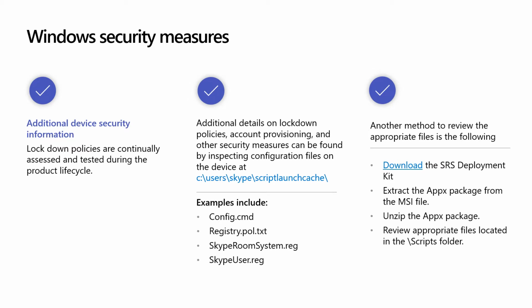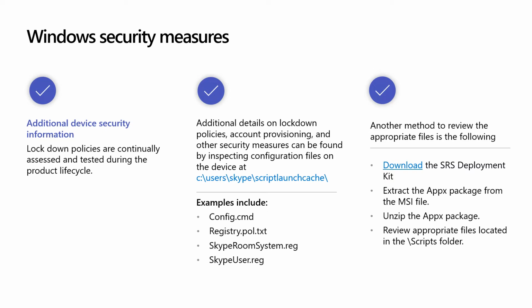Another method for reviewing those scripts as well as the base image is you can download the SRS deployment kit. Now that name is a holdover from when the technology used to be called Skype Room System. You can download the deployment kit and extract the AppX file and all of the scripts and the configuration for Teams Rooms.